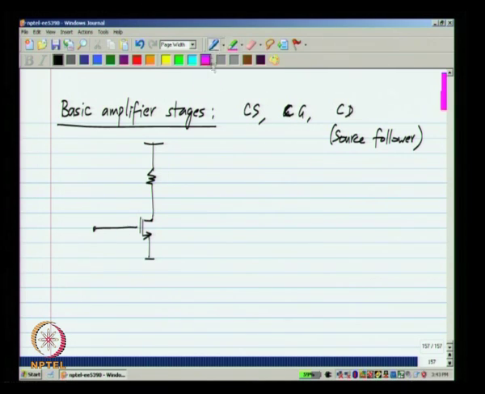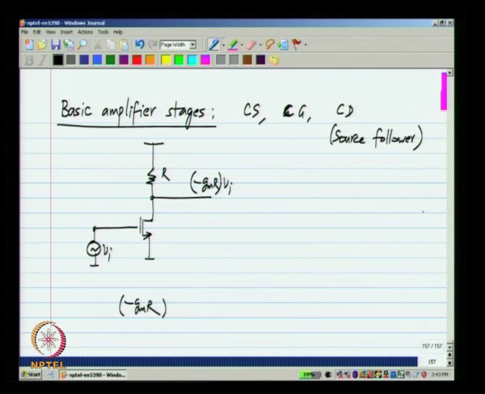The small signal gain of this is minus gm R. So, the small signal picture looks something like this. I will use the symbol of the MOSFET for the small signal equivalent in this case, and this is R, and the output will be minus gm R times Vi.